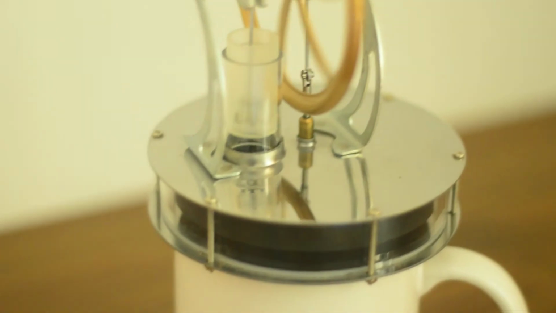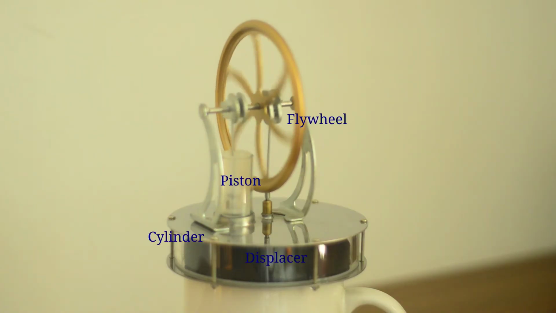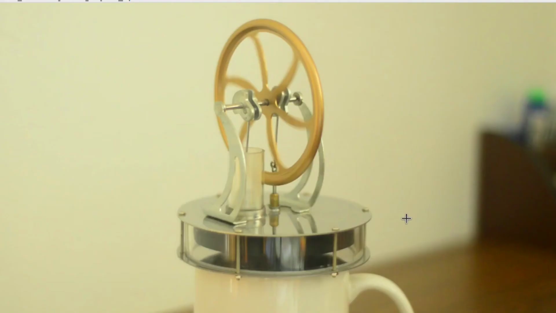The engine consists of the cylinder, a piston, a displacer, and a flywheel. So the engine consists of the cylinder, and there is also a cylinder here, and inside that there is a piston.